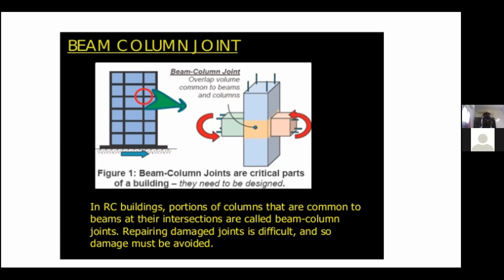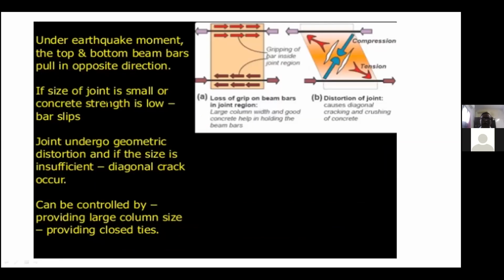Okay, so what the code now says, an explanation is given of how the forces are transferred. I am going to discuss the tension and shear of the beam column joint, and then the distortion that occurred due to the shear. This is going to fail the joint.